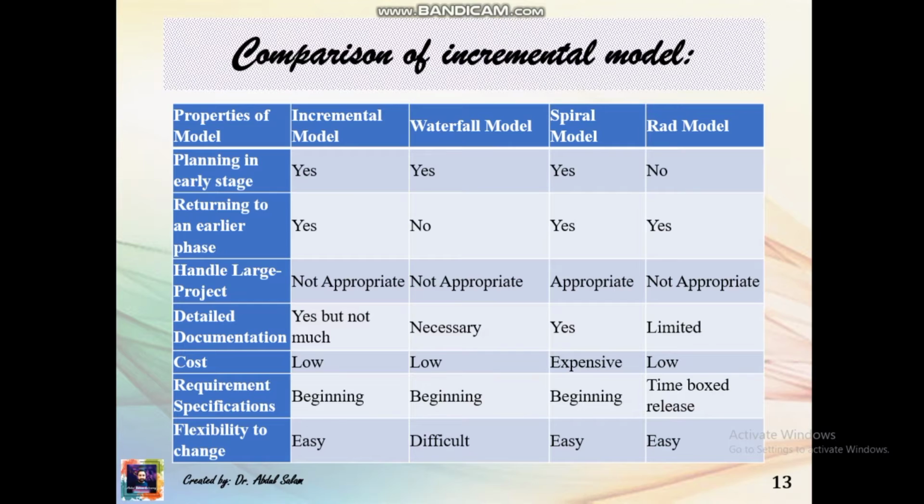Here is a comparison of the incremental model with the waterfall model, spiral model, and RAD model. You can see the properties: planning, returning to earlier phases, handling large products, detail and requirement, and at the end, flexibility.